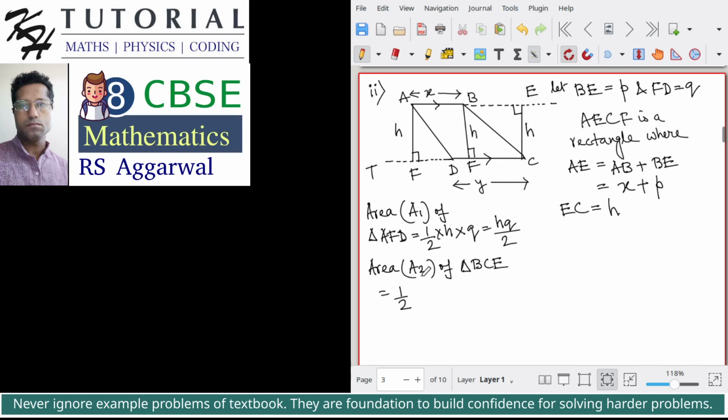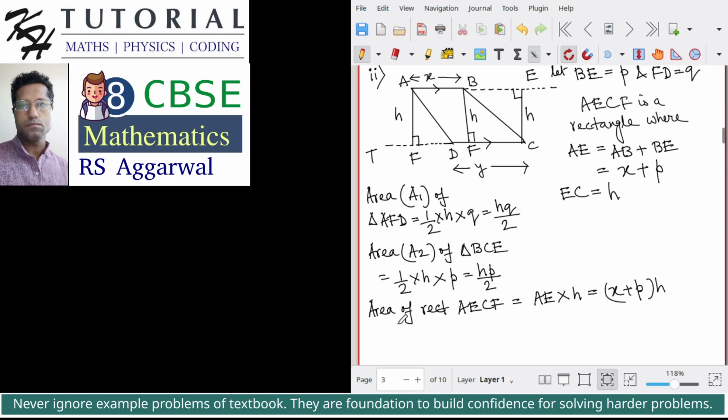The altitude of the triangle BCE is also H, that is EC, multiplied by the base, which is BE, and BE we have assumed to be P. So this is HP by 2, and the area of rectangle AECF is equal to AE multiplied by H, which is equal to X plus P multiplied by H. Okay.